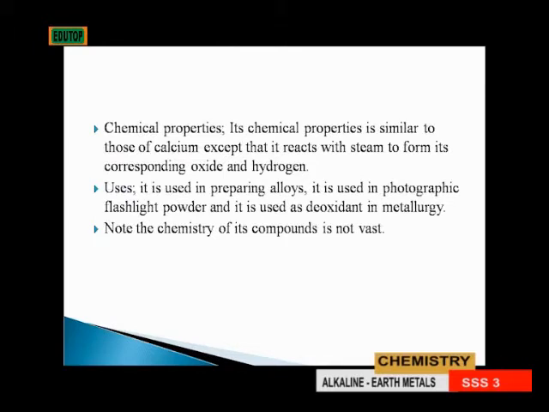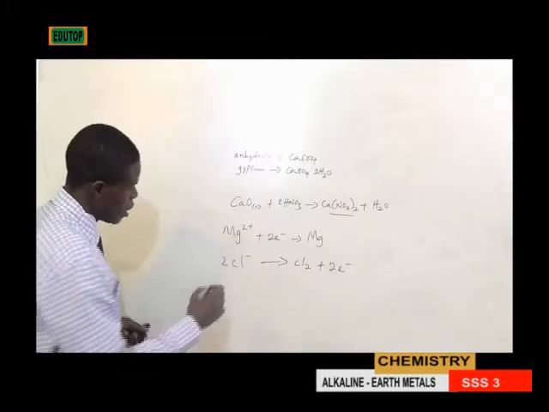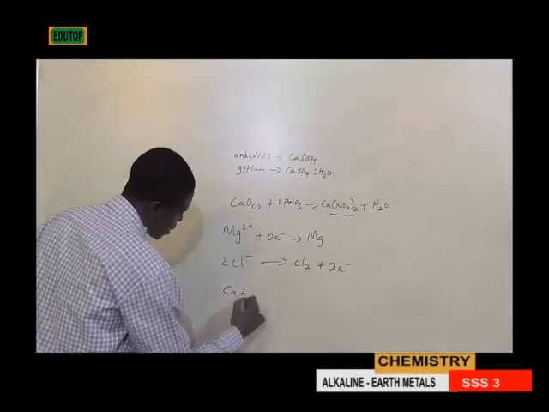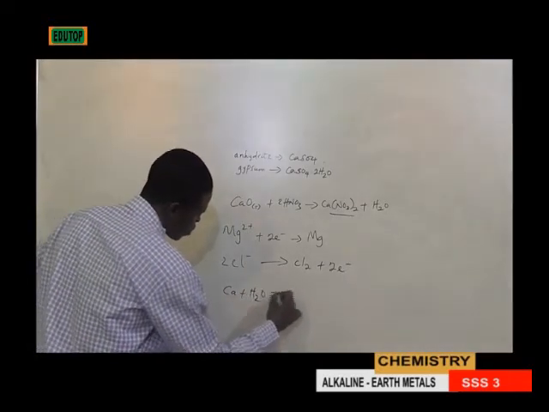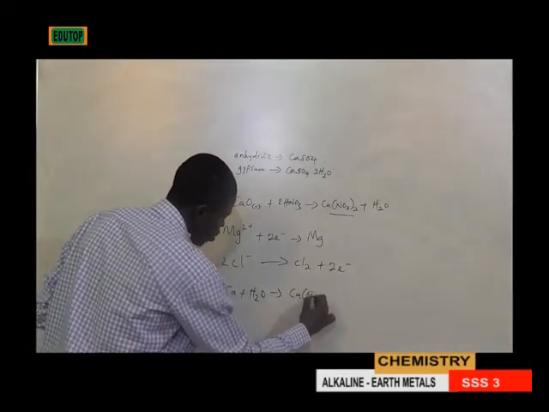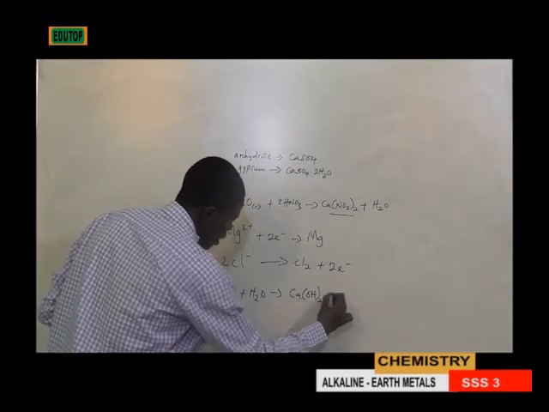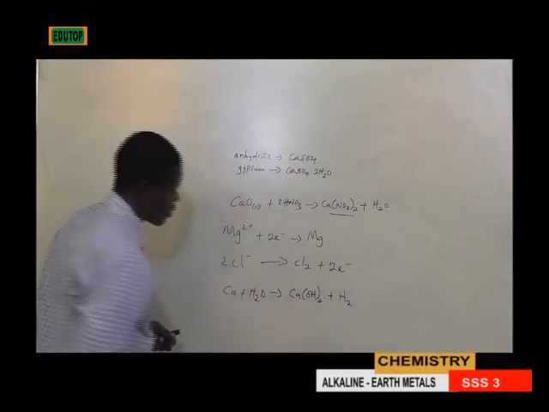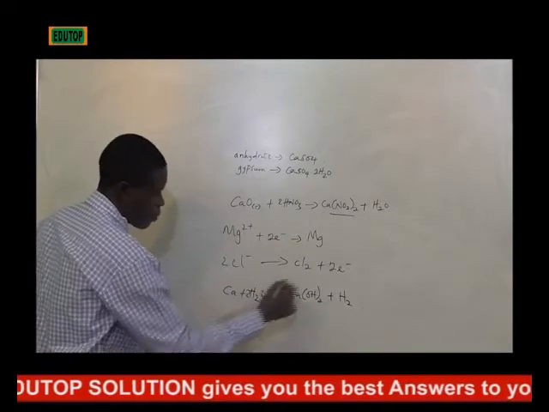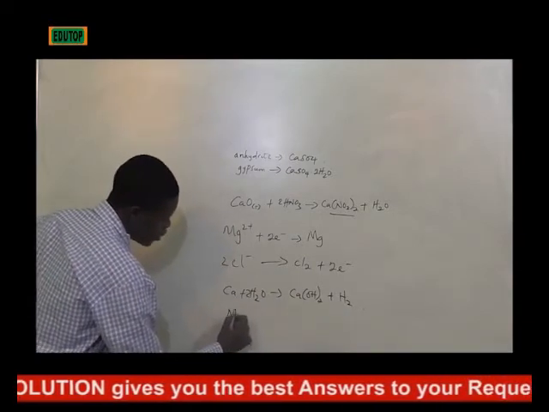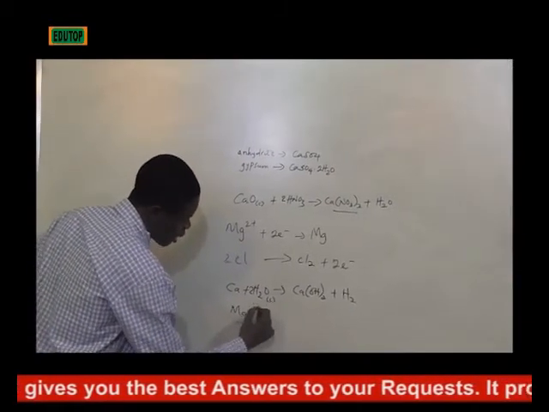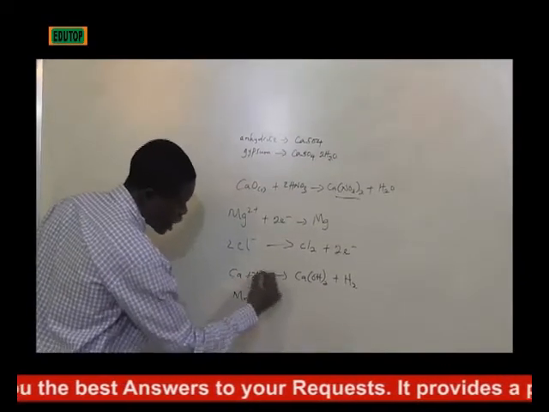Its chemical properties are similar to those of calcium, except that it reacts with steam to form its corresponding oxide and hydrogen. In the case of calcium, calcium reacts with water to form calcium hydroxide and liberate hydrogen gas. But magnesium does not react with water.